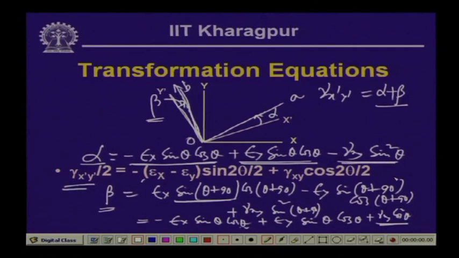Gamma x y cos square theta minus sin square theta will give you cos 2 theta, and twice sin theta cos theta will give you sin 2 theta. Now, if we write gamma x dash y dash by 2 form, it gives us gamma x dash y dash equal to minus of epsilon x minus epsilon y sin 2 theta by 2 plus gamma x y cos 2 theta by 2. So, this is the value of the shearing strain gamma x dash y dash.